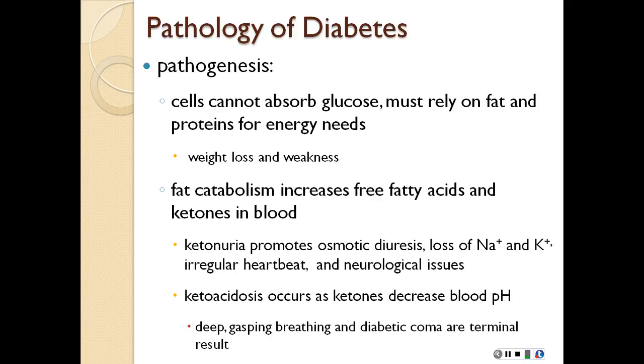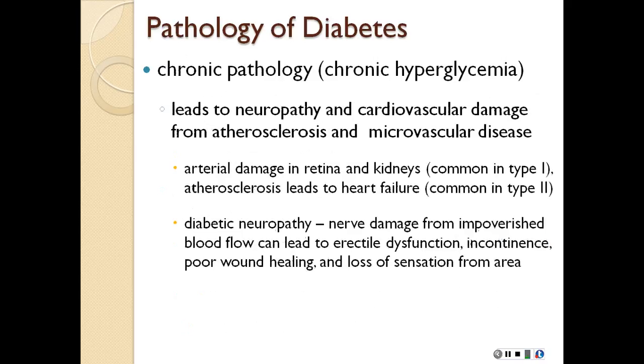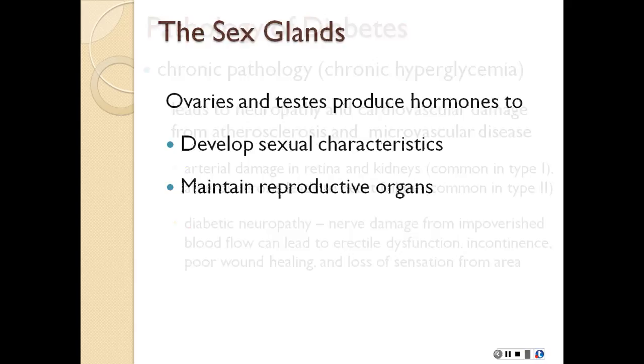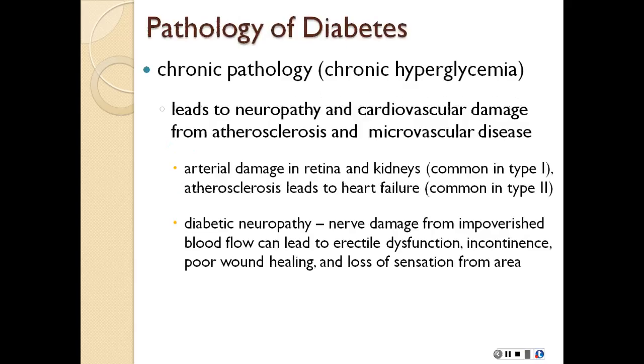And ketoacidosis, another term you'll see, occurs as ketones decrease blood pH. Our blood pH is supposed to stay right at around 7.4. So the blood becomes acidic because of these ketones made by the cells that are breaking down fatty acids. And these are just some of the other pathological effects of diabetes mellitus. All right, so that's kind of all I had here.